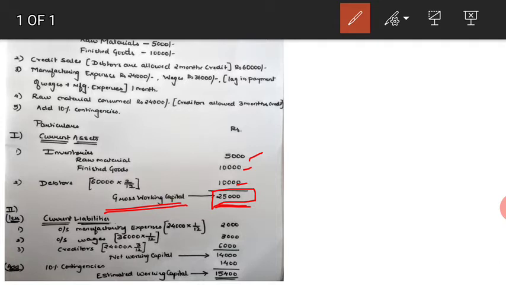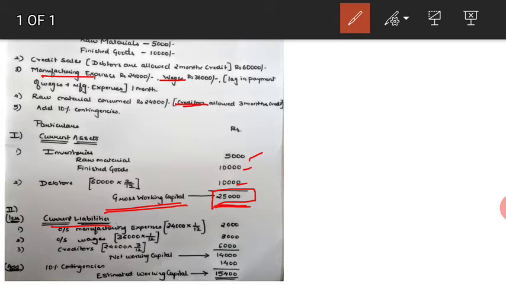Next is calculating current liabilities. Under current liabilities, we have already discussed manufacturing expenses, wages and creditors, because the payments of manufacturing expenses and wages are delayed, and creditors are allowing you 3 months credit.